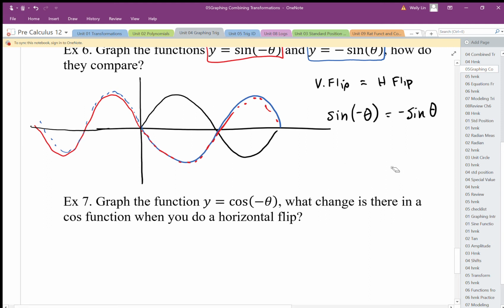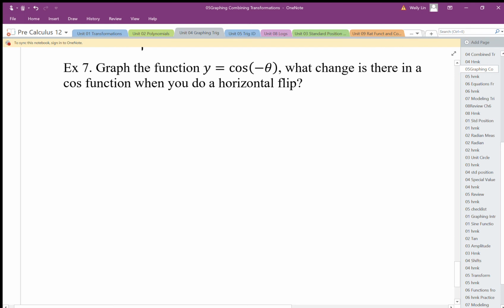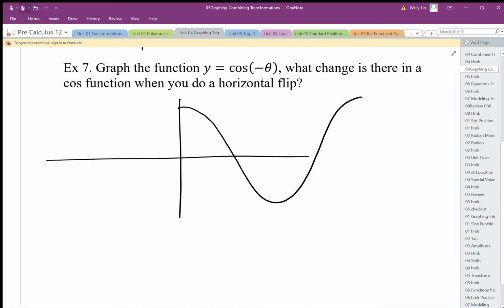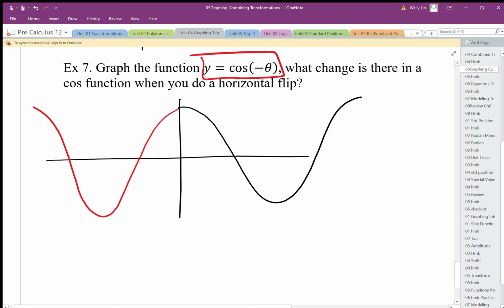Now, different with cosine. If I take my original cosine graph, I'm just going to draw it over here. And there's my original cosine graph. And if I horizontally flip this cosine graph, it's going to look like this. I'm going to flip it across the y-axis.